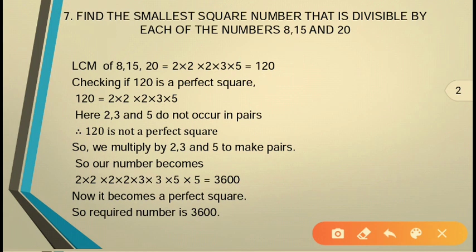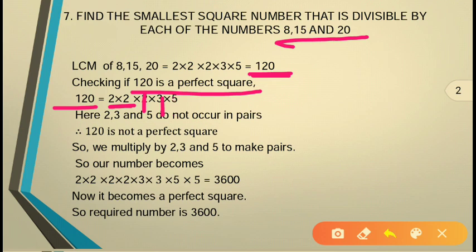Let's repeat this question one more time. First of all, take the LCM of 8, 15 and 20. You will get 120. Now check whether 120 is a perfect square or not. When you factorize 120, you will see that only 2 is having a pair. 2, 3 and 5 are not having a pair. That means 120 is not a perfect square.